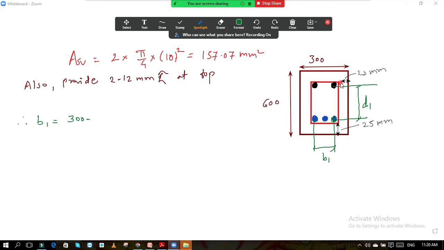These bars we have provided for two purposes. First purpose is to anchor this stirrup. Just as you hang a frame, you cannot hang anything unless and until you hammered that into the wall. The same role is performed by these two bars.